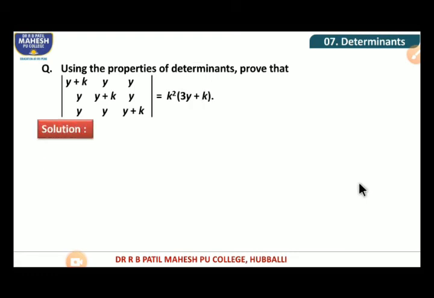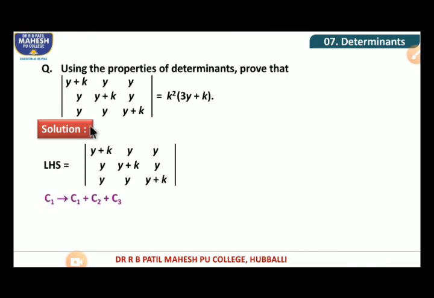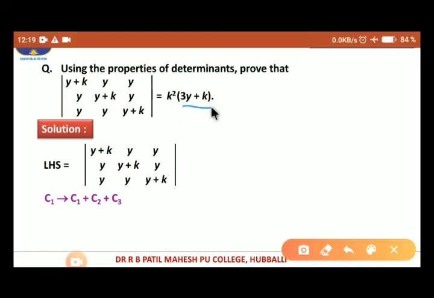Students, again observe, for the solution consider the LHS determinant as it is, and observe that the elements in rows or columns are in cyclic order, so we can apply C1 changes to C1 plus C2 plus C3 to get 3y plus k, because if you add these three columns we have 3y plus k, see here, right?